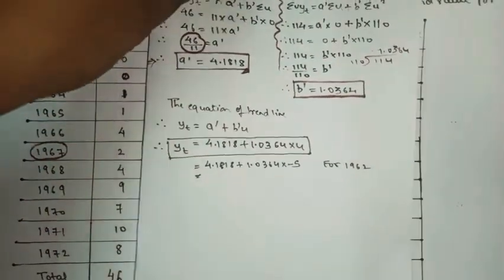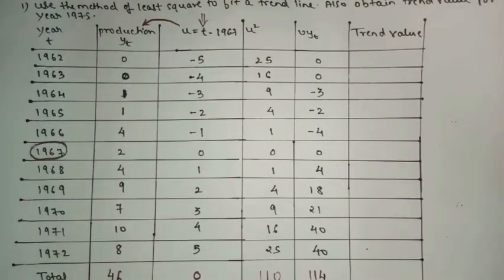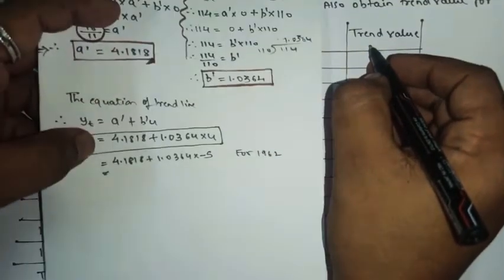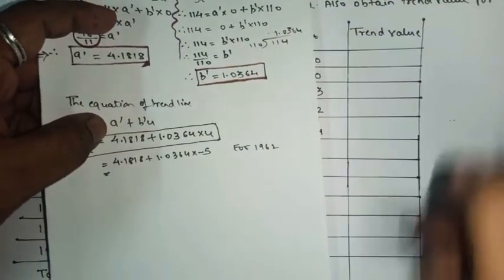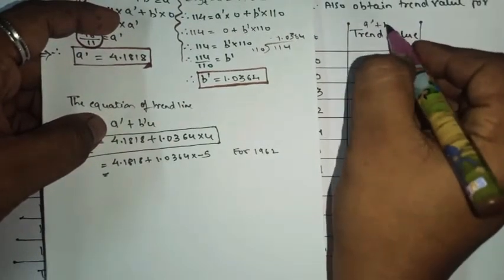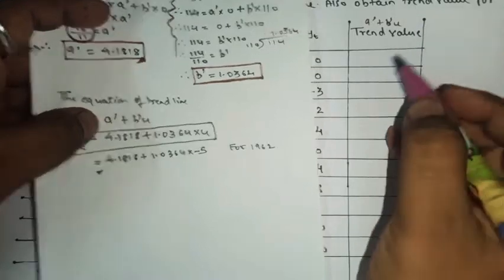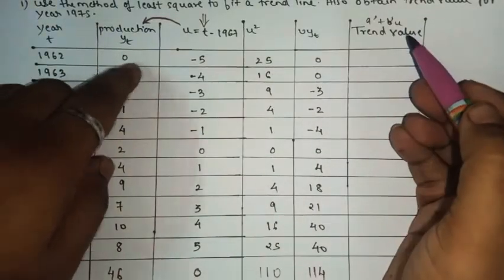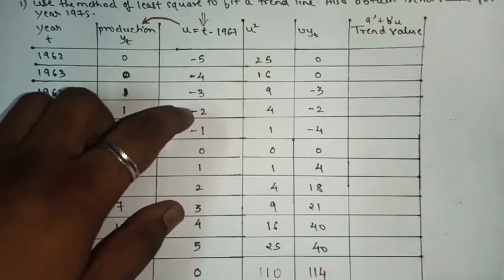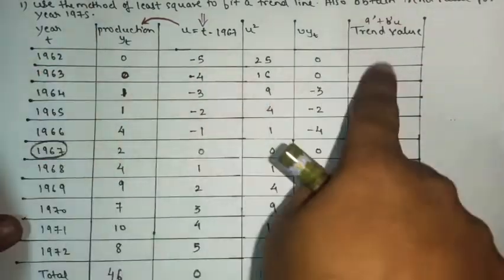So here I will write the formula for the trend value is a dash plus b dash u. So simply replace the value of u for each and every row. You will get the trend value of every year.